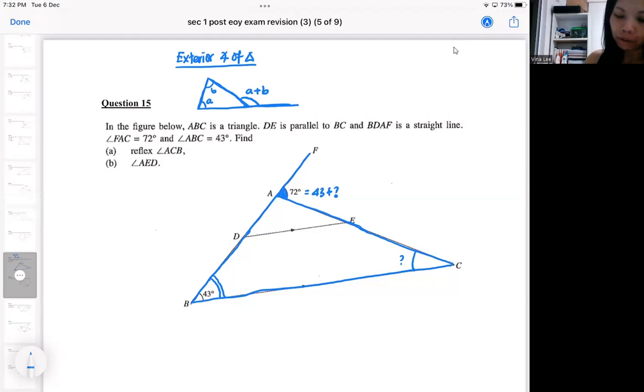So for example, if I give you the same triangle, I call this angle A and I call this angle B. So all of us know that this angle is from the angle sum of triangle. So this angle will be 180 minus A minus B, coming from angle sum of triangle.